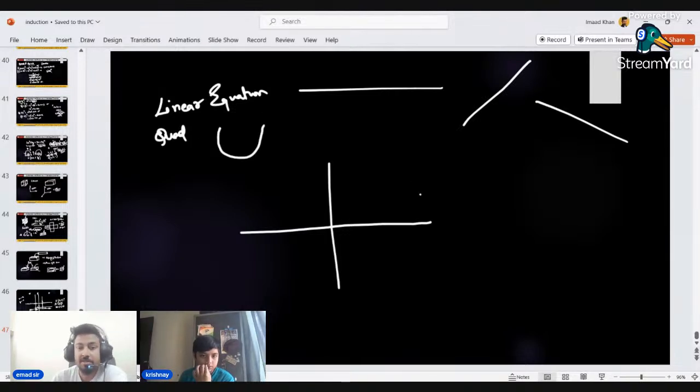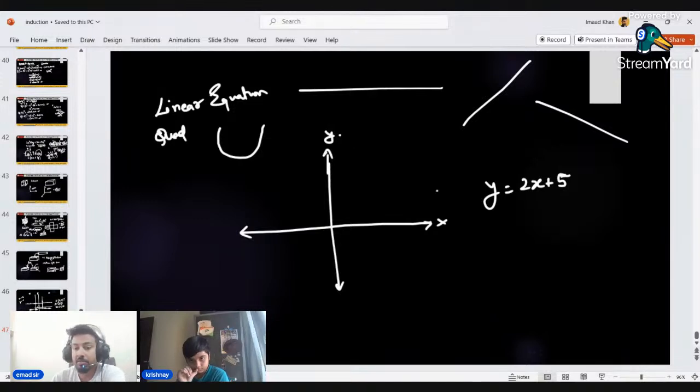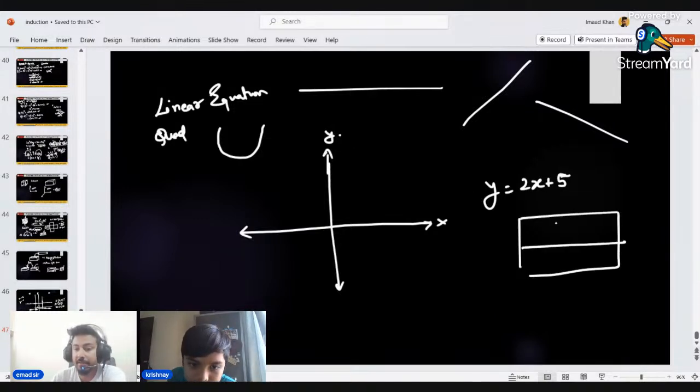Okay. So suppose the equation is y is equal to 2x plus 5. I want to draw it in this particular xy coordinate system. Clear?